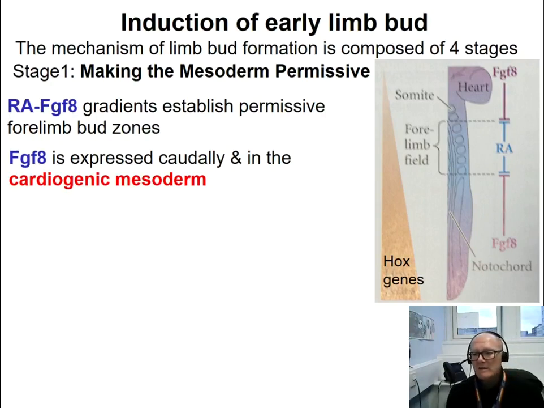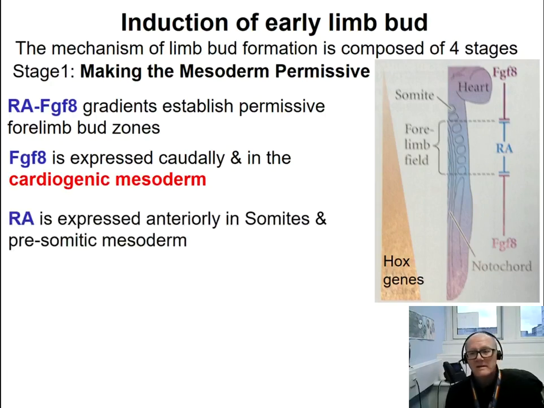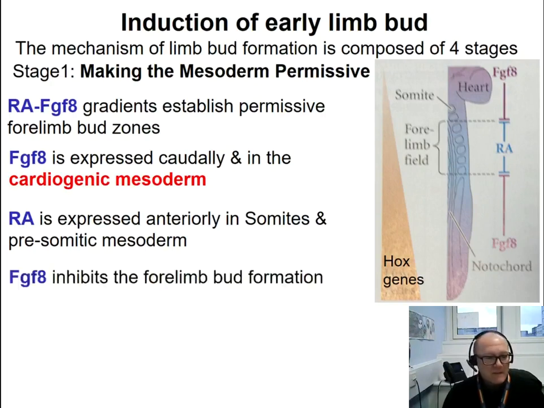FGF8 inhibits the formation of the forelimb. The forelimb indeed requires retinoic acid expression. Retinoic acid is actually expressed in the anterior somitic and presomitic mesoderm. So, because of the interaction between retinoic acid and FGF8, which is now expressed not only posteriorly but also from the heart, this interaction defines a quite small region where there is enough retinoic acid to permit the development of the forelimb from the mesoderm.